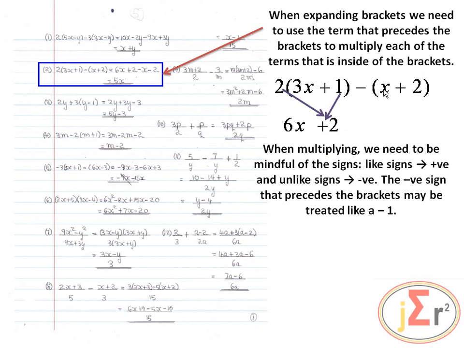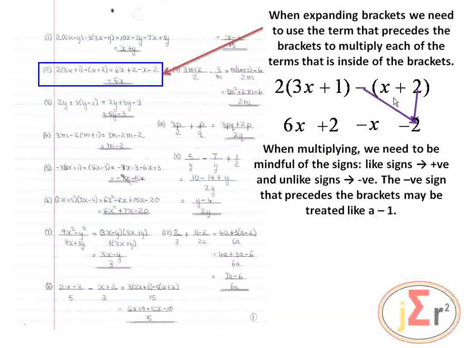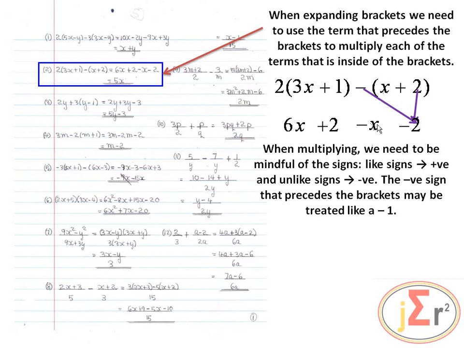Negative times positive is equal to negative. So we have a negative x and we have a negative 2 right there. Do not forget that what we are multiplying here needs to be taken inside of the brackets to multiply the first and also to multiply the second.